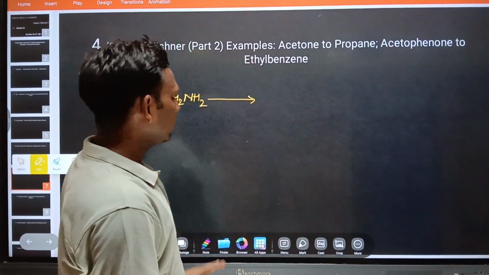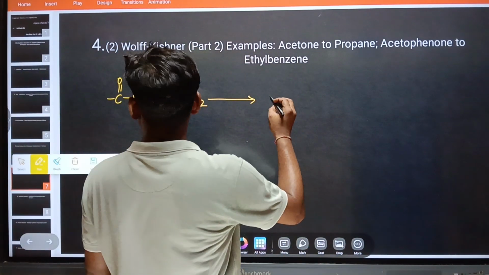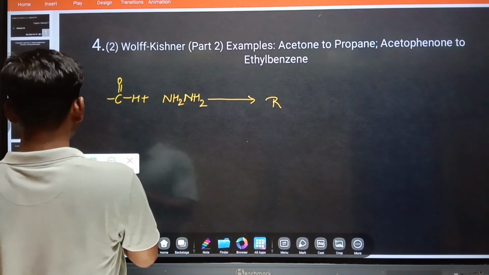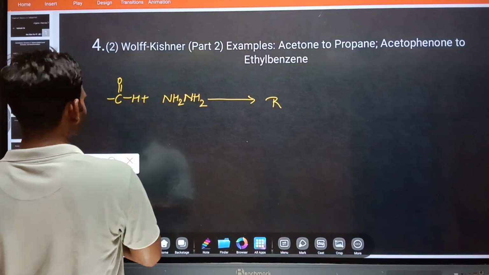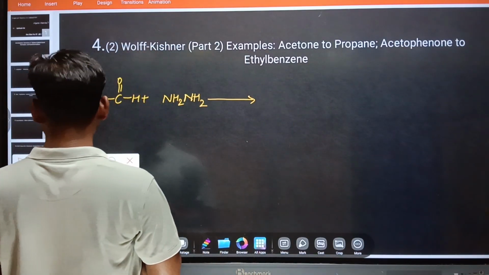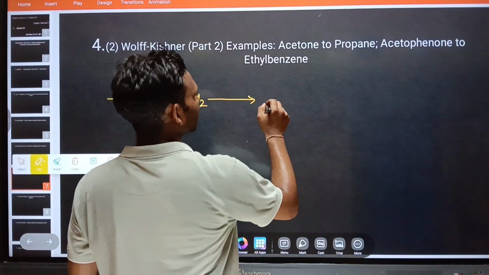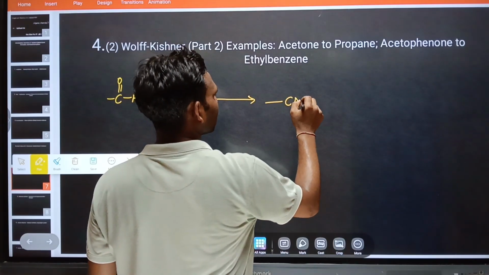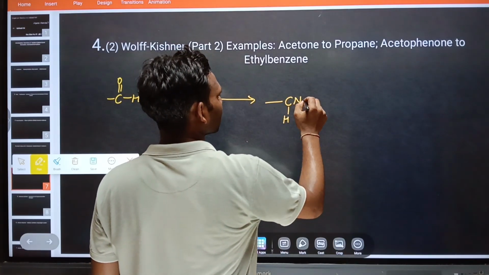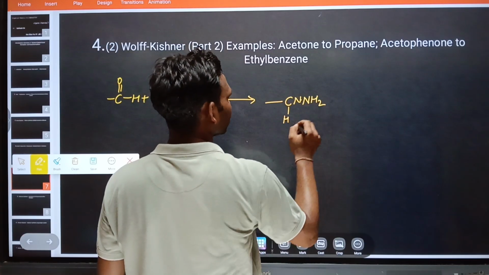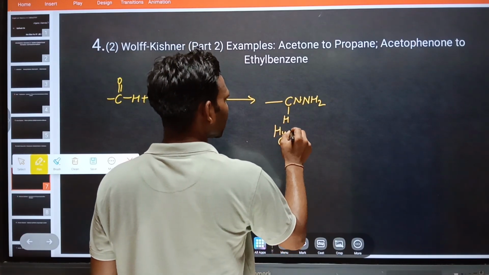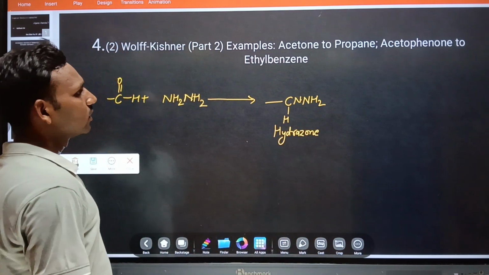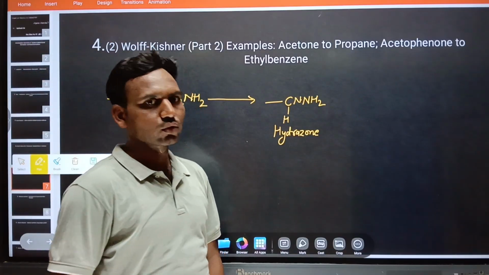So, one step again. Here R, R, C, N, NH2. That compound name is hydrazone.